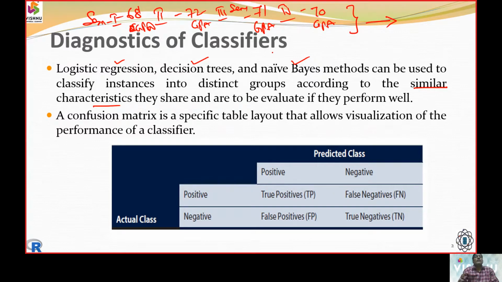Now, if I visit a company and ask them to give me a job, they won't ask what is your first semester or second semester marks. They will look at a common value, a CGPA, which will be around 70%. So we need to look at all the measures independently, and a final impression has to be propagated to the classifier.